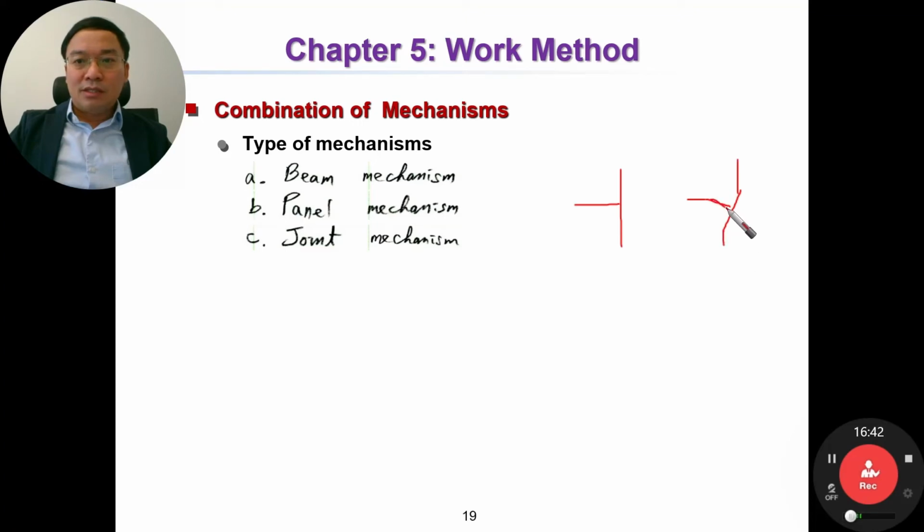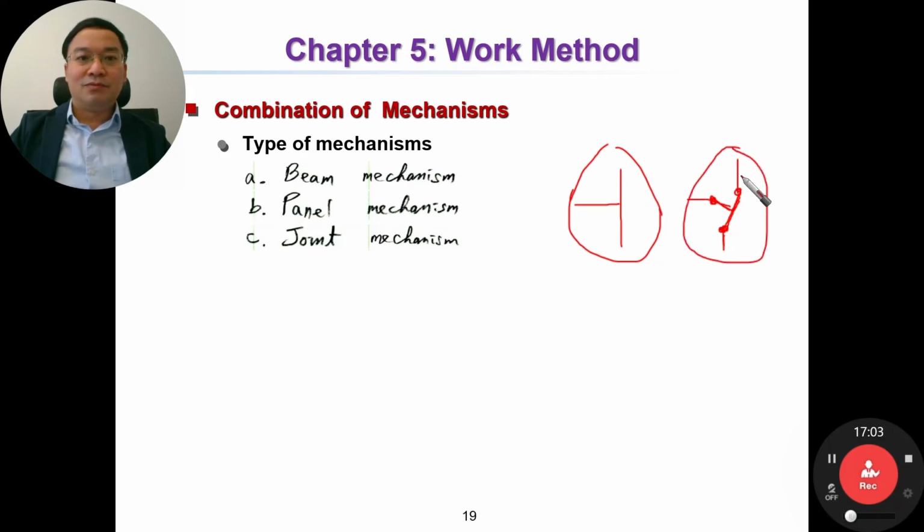So this is the joint mechanism. Sometimes we use this joint mechanism for analysis. This is the original joint, and this is the joint mechanism.